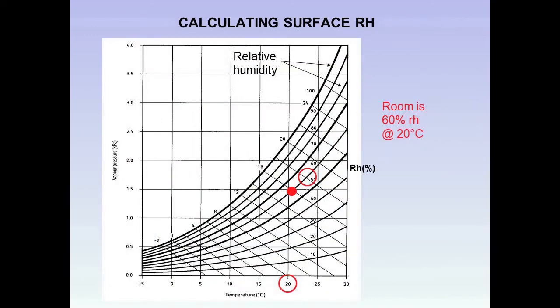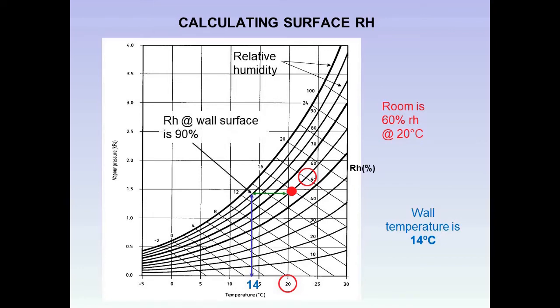And another thing we can do is calculate the surface relative humidity. So let's say the room is 60% relative humidity at 20 degrees and the wall temperature is 14 degrees. Where the 60% and 20 degrees centigrade meet, put the mark as usual. But then we raise a perpendicular from the 14 degree mark at the bottom, the surface temperature of the wall, to meet our horizontal arrow.